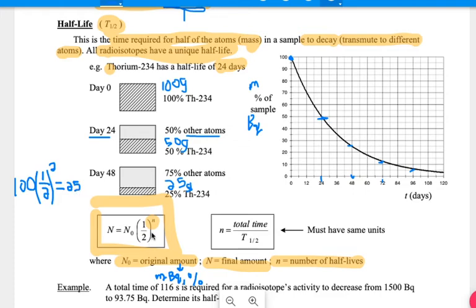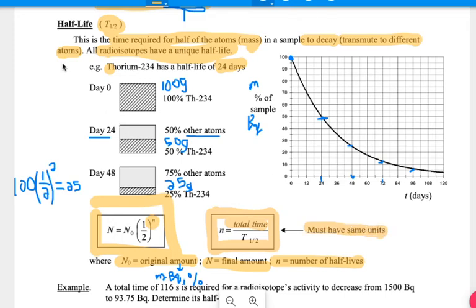All right, so number of half-lives, this isn't given, but it makes sense. The number of times you've split in half is going to be the total time that has elapsed divided by the half-life. So here we would have 48 divided by the half-life, which is 24. So at a total time of 48 days, we've undergone 2 half-lives. We've split our starting amount in half twice.